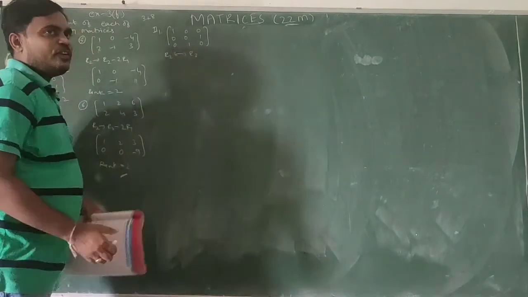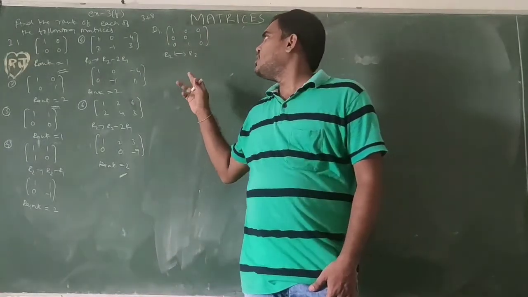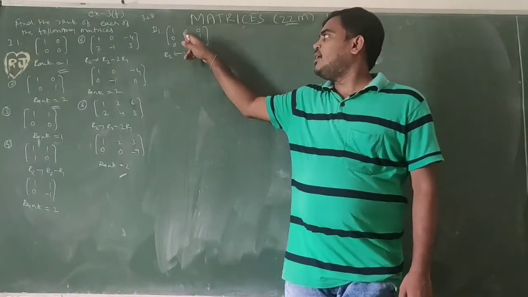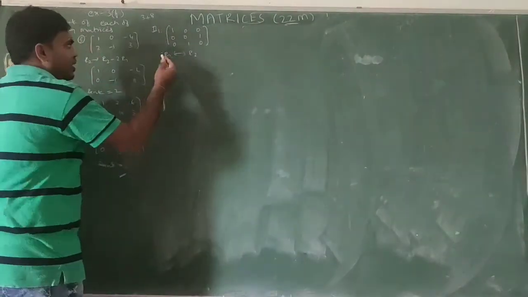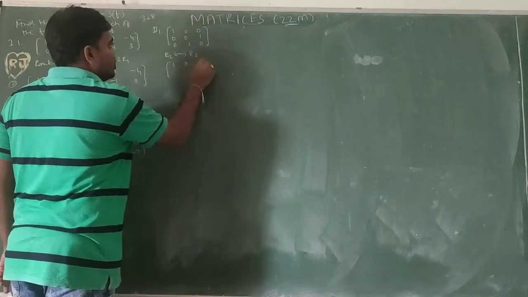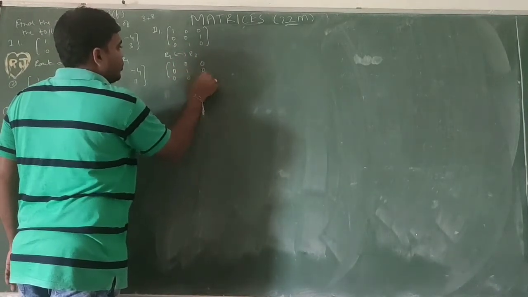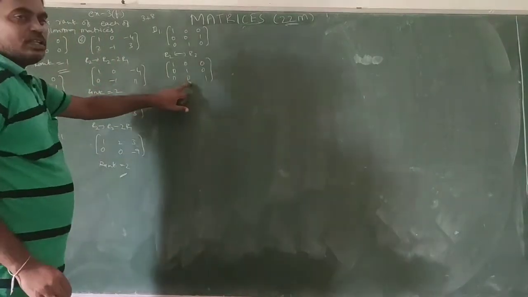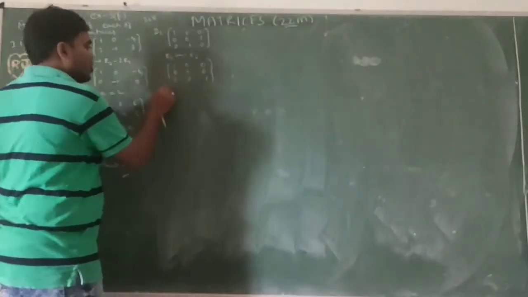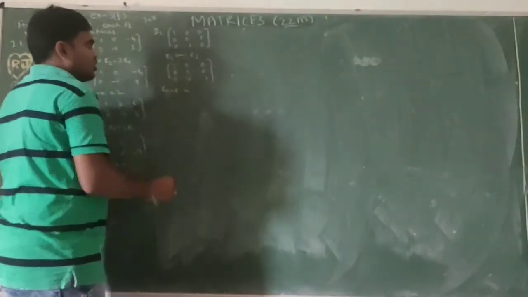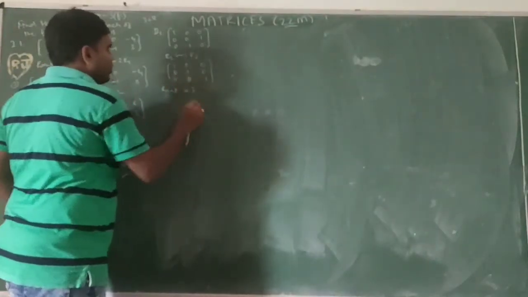In determinants, if we interchange two rows or two columns, the sign of the determinant will change, but here we can easily interchange, so it won't be negative like that. So 1 0 0, 0 1 0, 0 0 1. Here these three positions are 0, so it is in the equivalent upper triangular matrix form. Rank equal to the number of non-zero rows: 1, 2, 3. So the number of non-zero rows equal to 3.